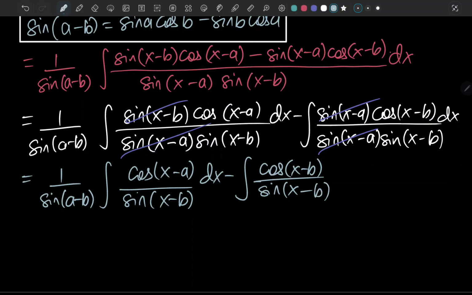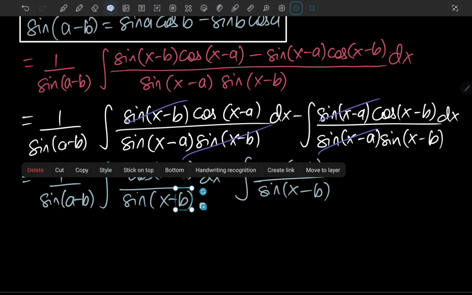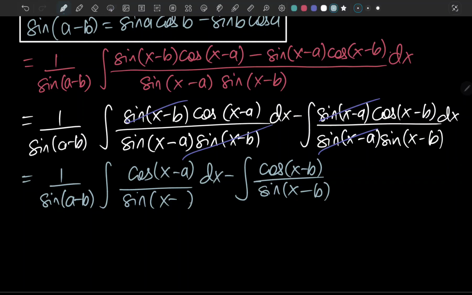Did I make a mistake? Oh my god, I'm going brutal. Let's shift this sign with this. I'm sorry guys, again I made a mistake. Yeah, and now it's good.